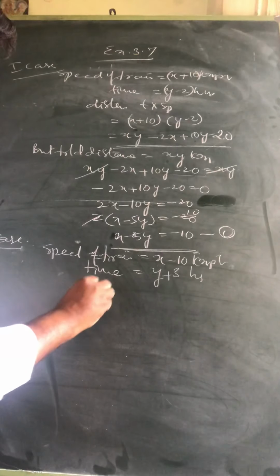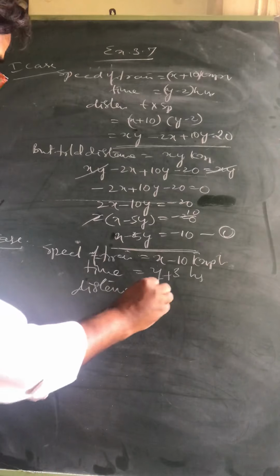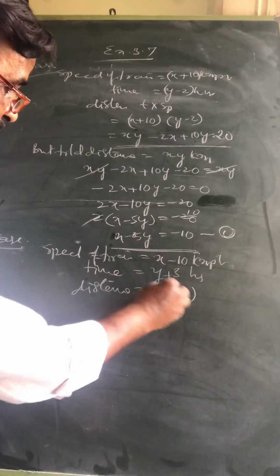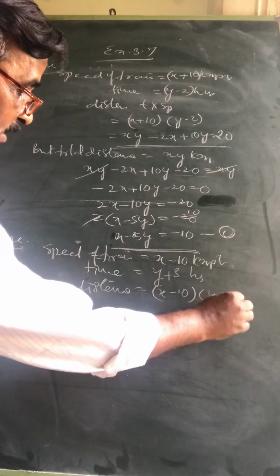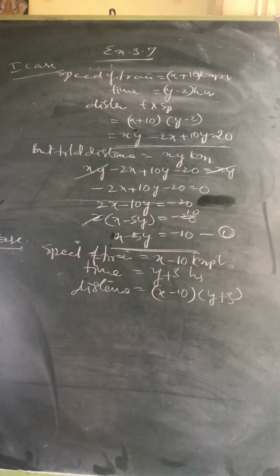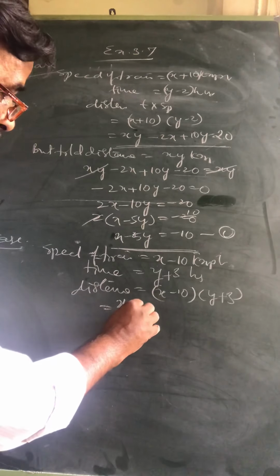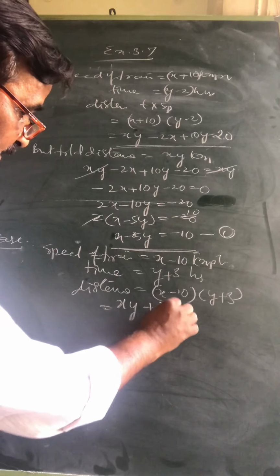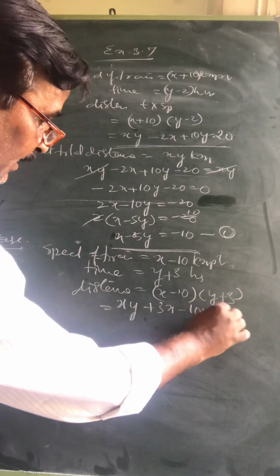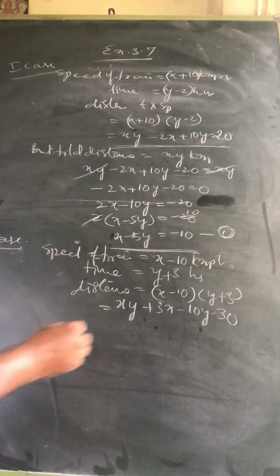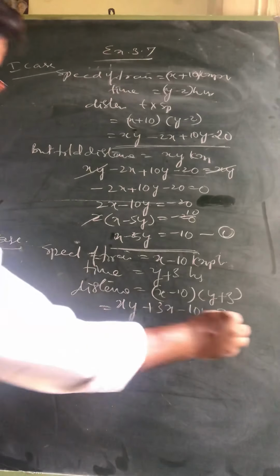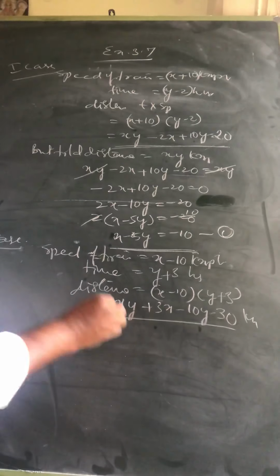So the distance is x minus 10 into y plus 3. Then you can write xy plus 3x minus 10y minus 30.